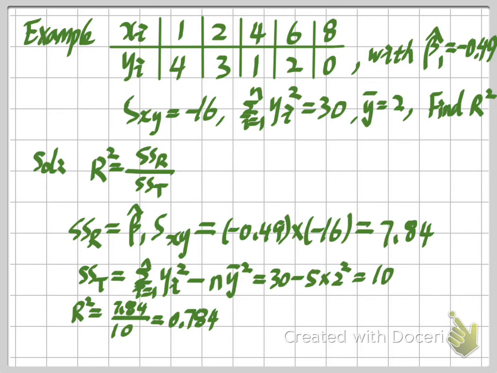In other words, generally 78.4% of the data will be very close to or on the line of our regression model, and the others may be off this line. So this is how we can compute our R squared.